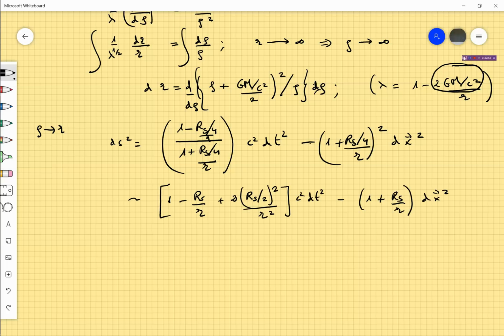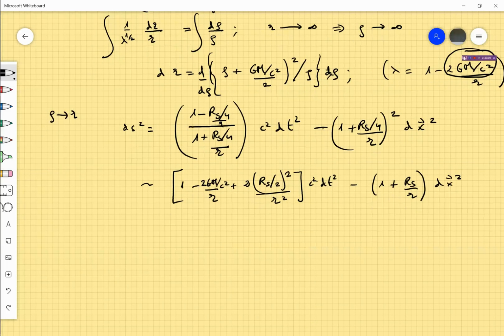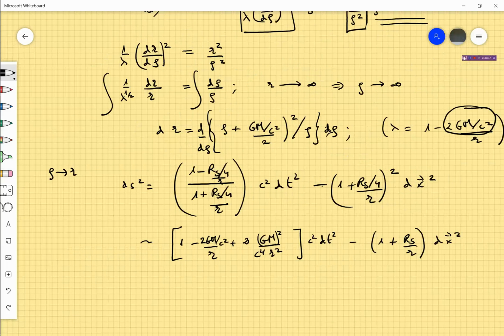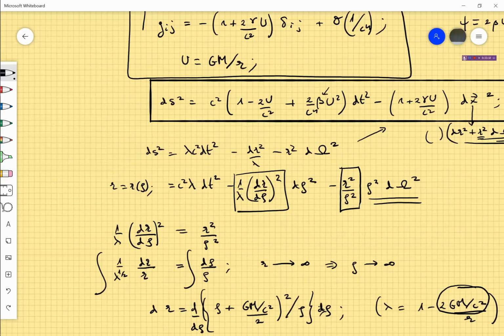Okay, if I restore these values, GM divided by c squared and so on, I find that this is GM squared divided by c fourth r squared, and then I compare with this value here.